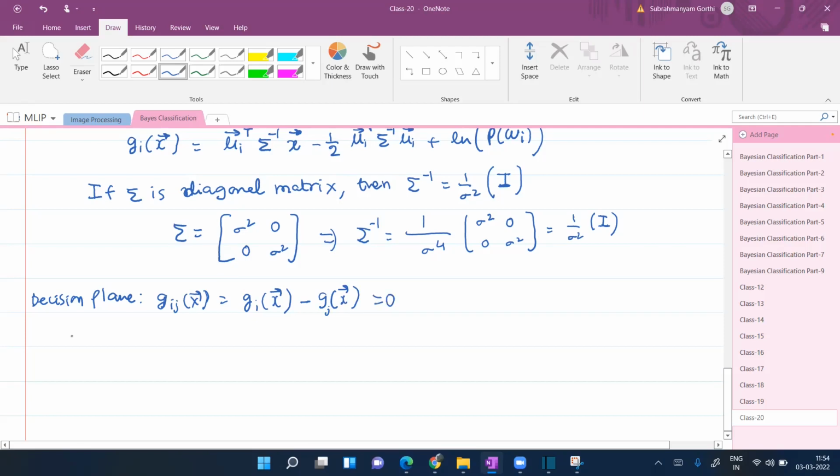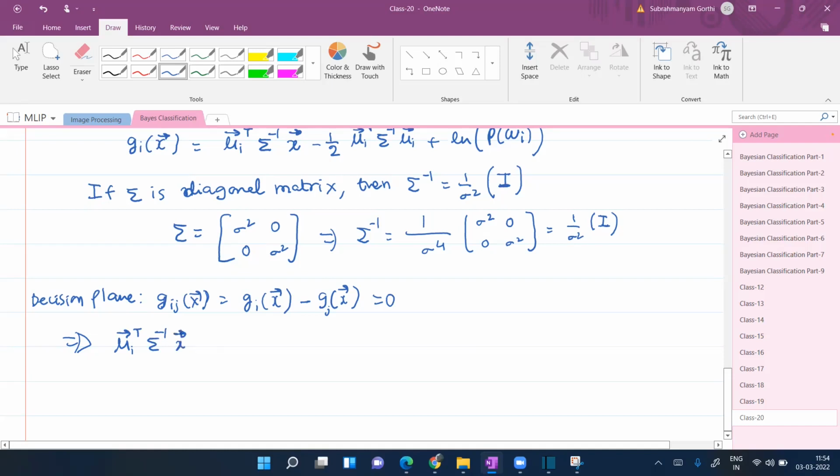We have written enough of these things, so there is no need to go through multiple intermediate steps. Let me write that here. What would that result in? Gi of x bar, I will write the corresponding terms in one place: mu i bar transpose into sigma inverse into x bar.